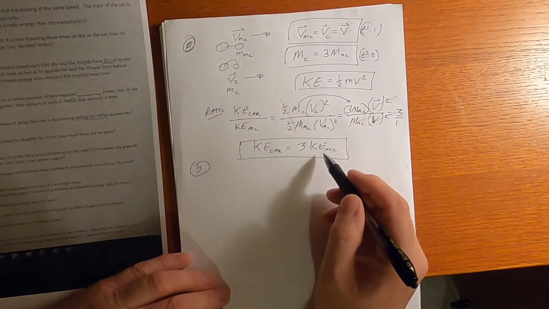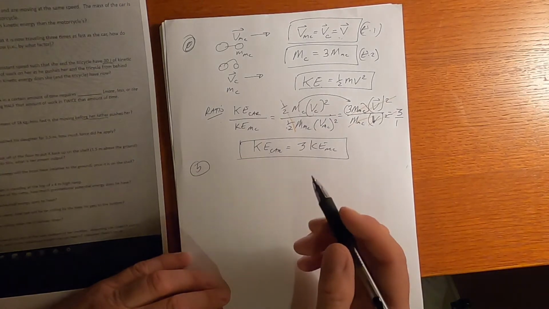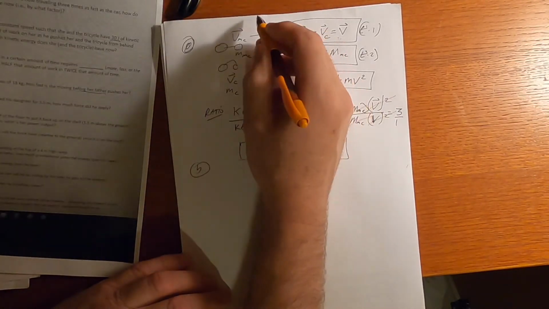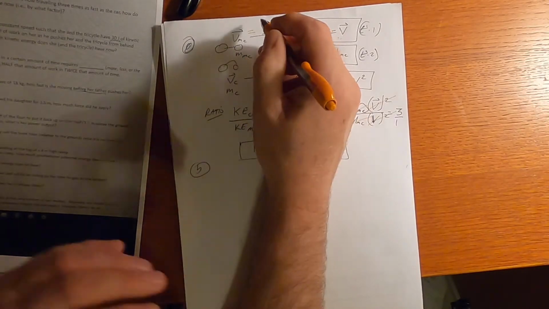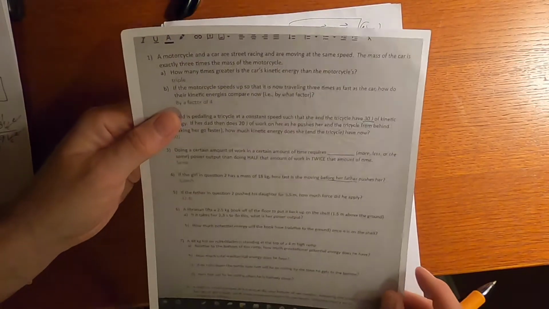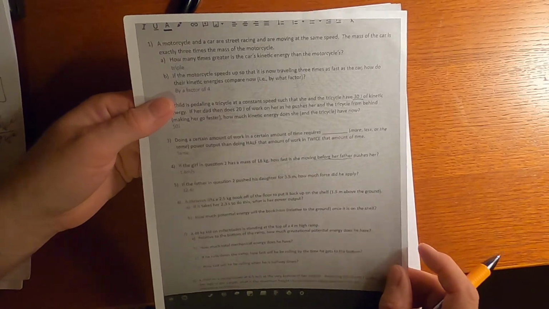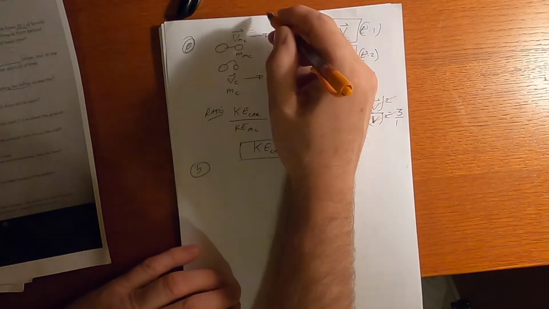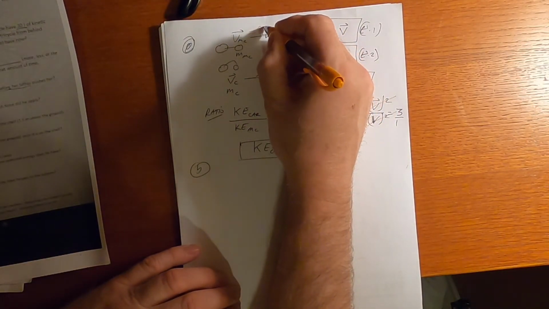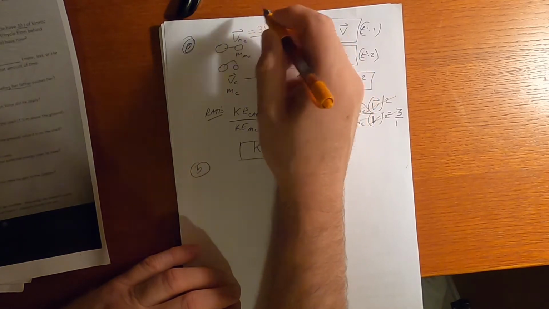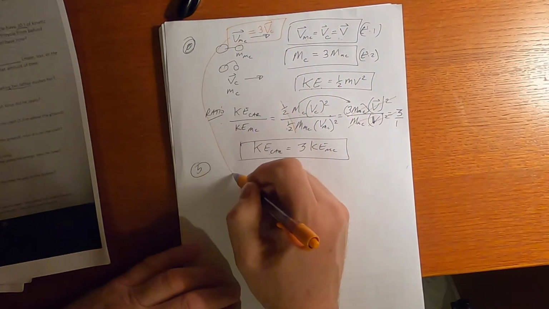We have another velocity of the motorcycle now: equals 3 times as fast as the car. So velocity of motorcycle equals 3 velocity of car. And now that's our new equation for B.